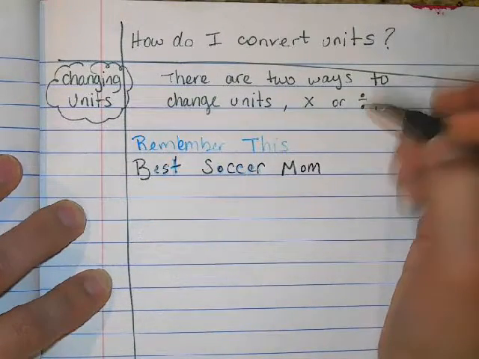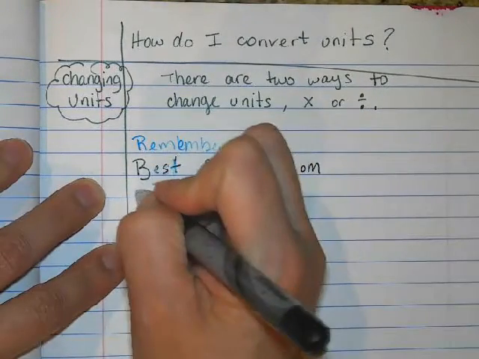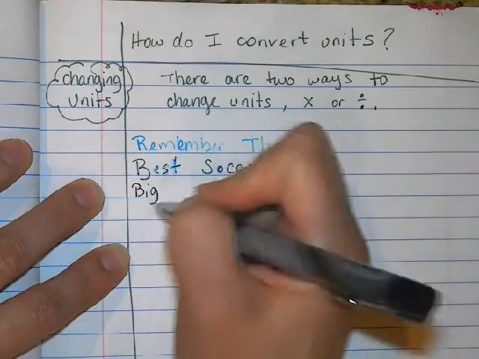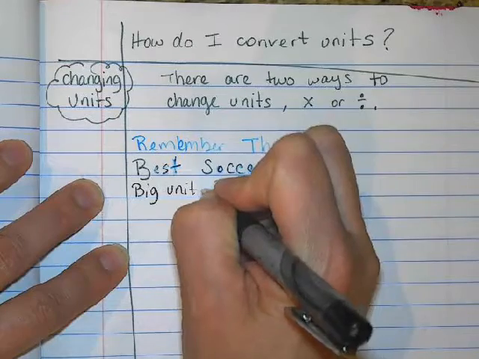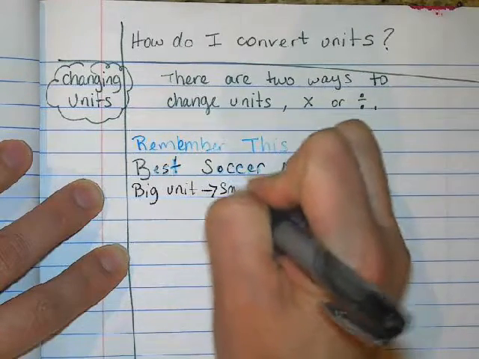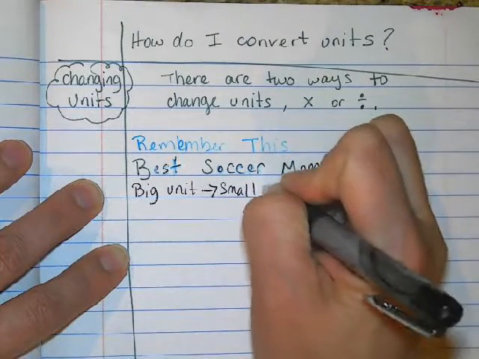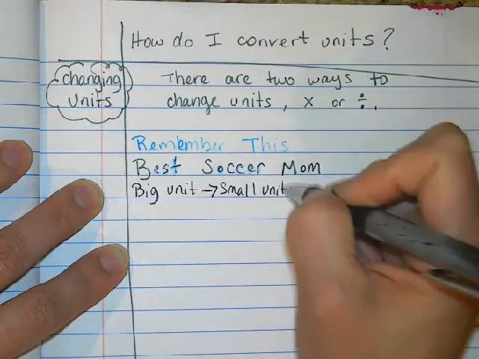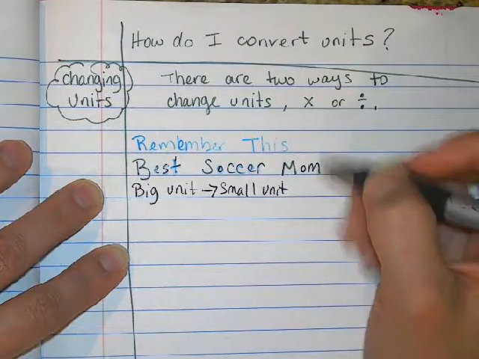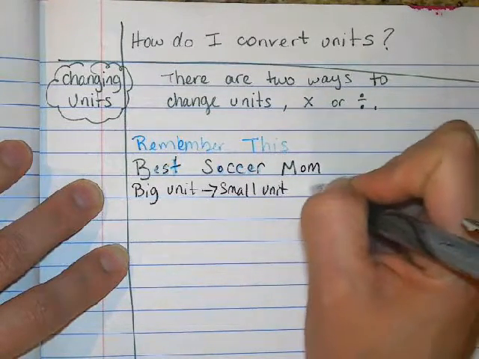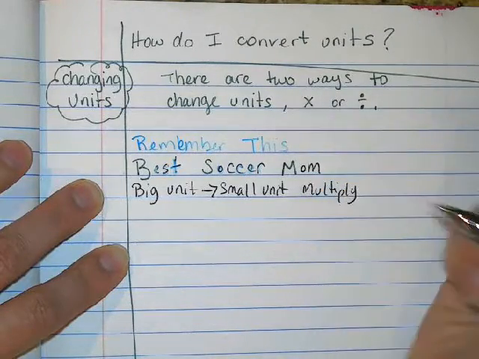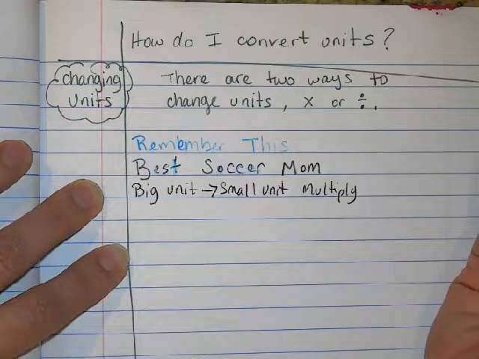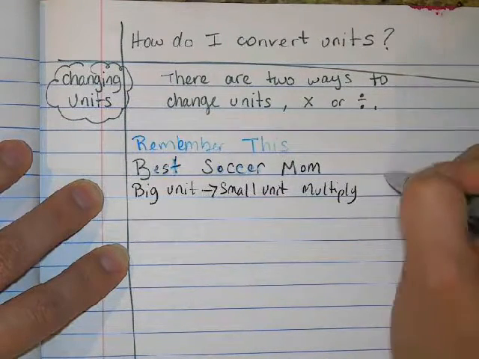So what this stands for is if you're going from a big unit to the small unit, you want to multiply. So an example here.